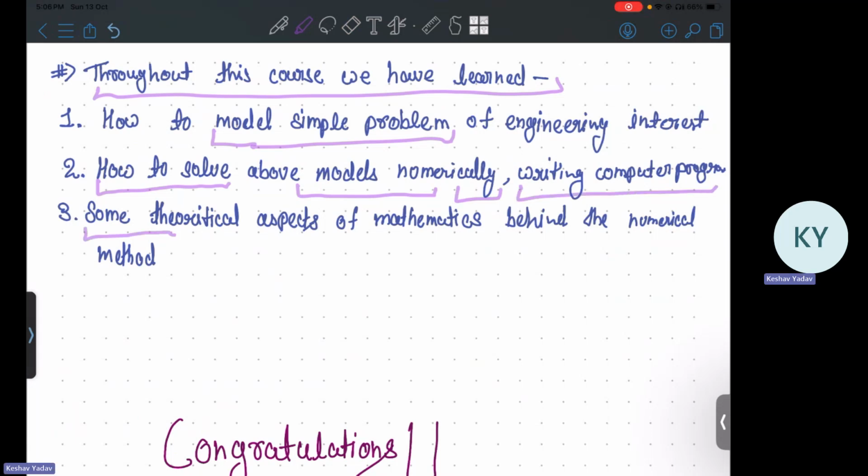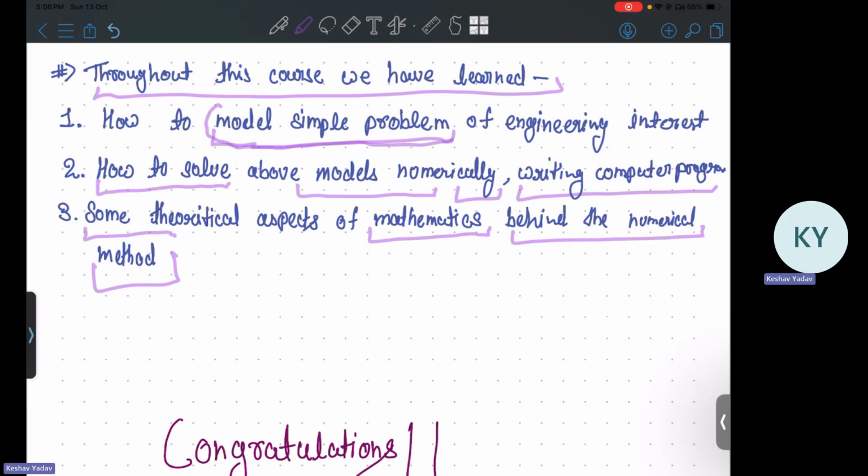Then we have also seen some theoretical aspects of the mathematics behind these numerical methods, and the limitations of numerical methods: when a method will converge, when it will not, what its stability is, what the convergence criteria are.